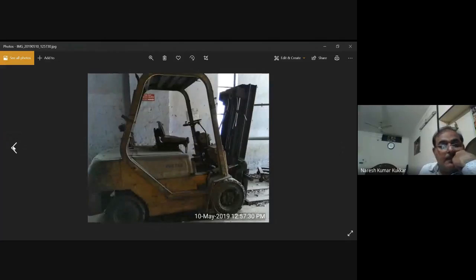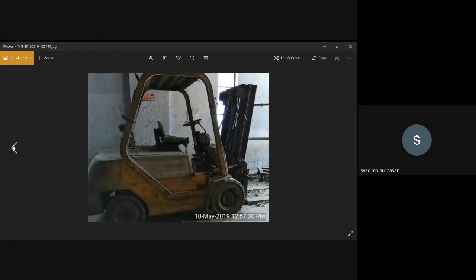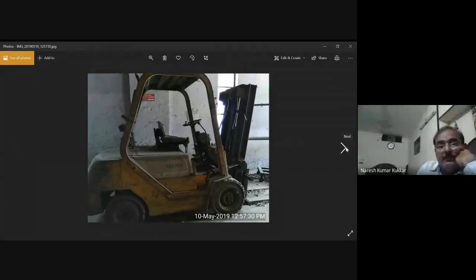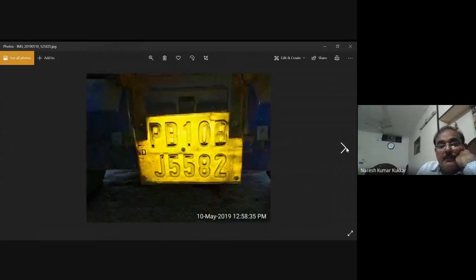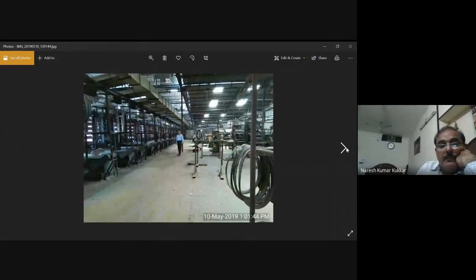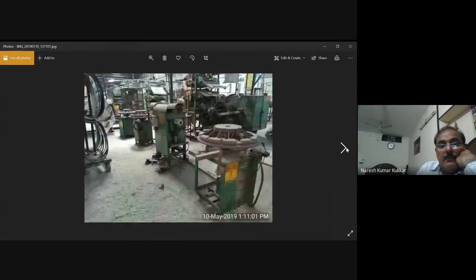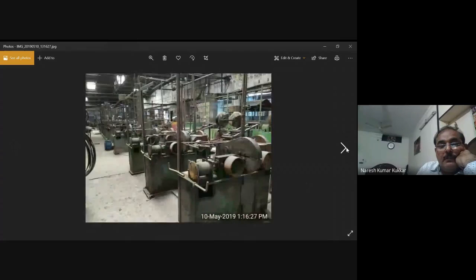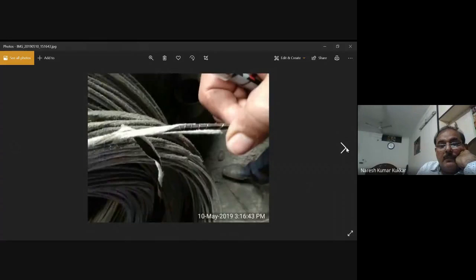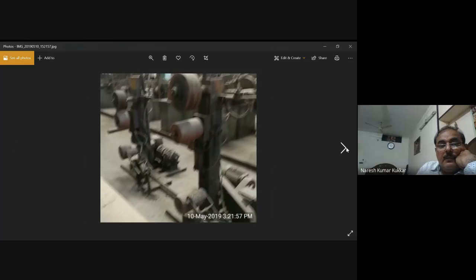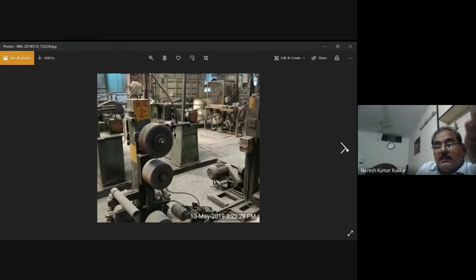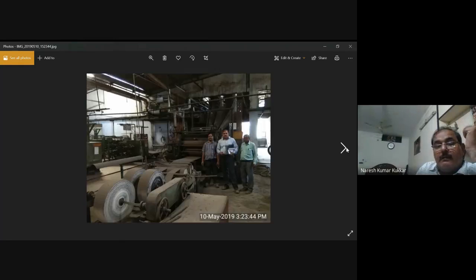What is this? Machine is a forklift. There's a different area where wire mesh is created.